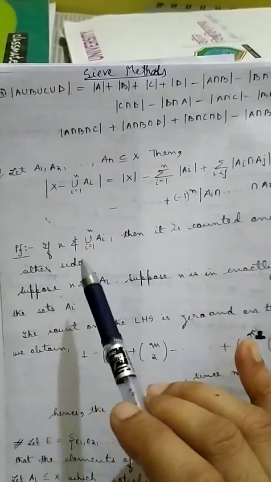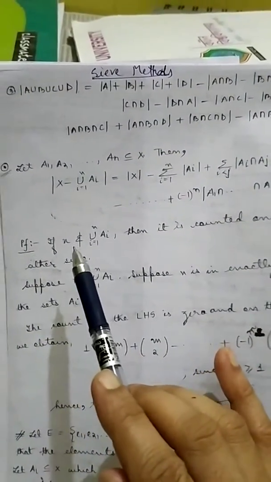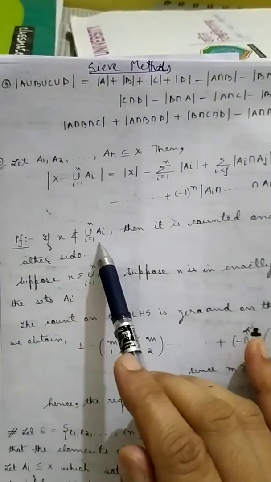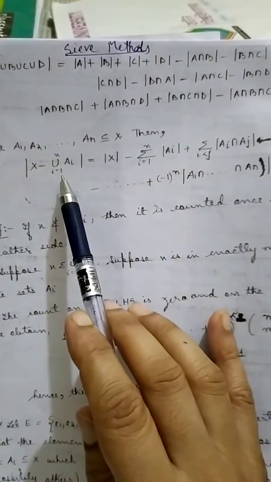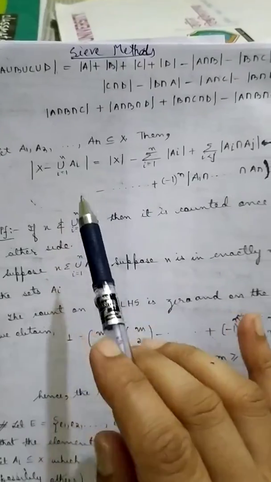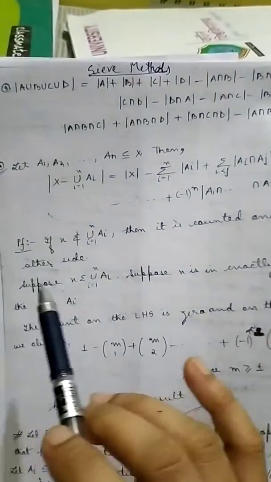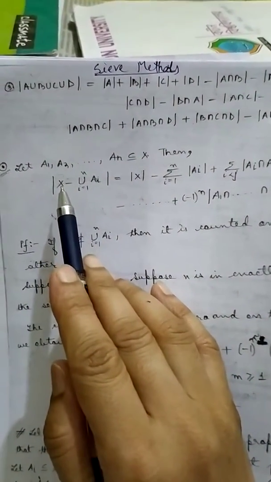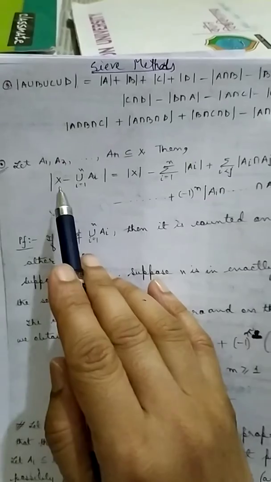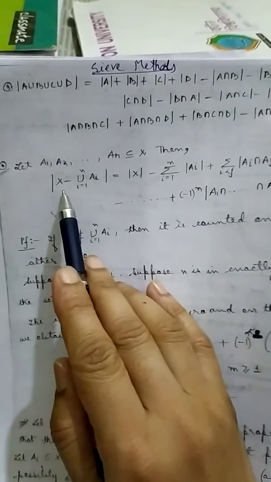So we first consider X does not belong to this union. Then it is counted once on either side, and we count that particular element only once.